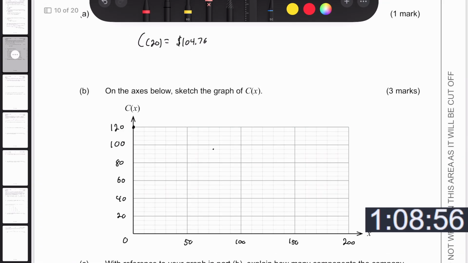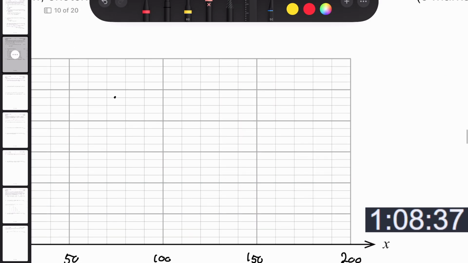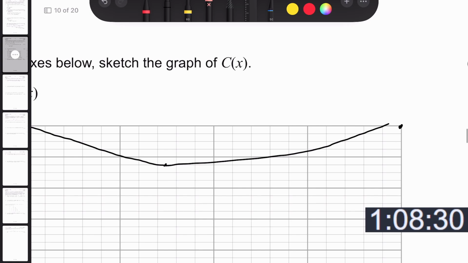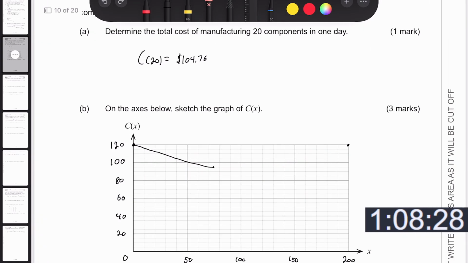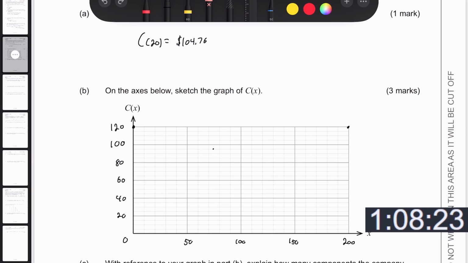And then, oh, it goes up a lot. Maybe I should change my scale. My calculation, what is it at 200? It's 190 again. This is a bit of an odd graph at this scale. Should I have made it different?